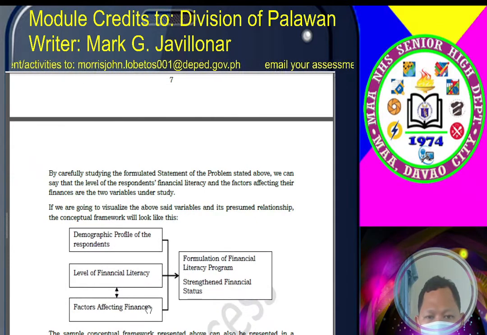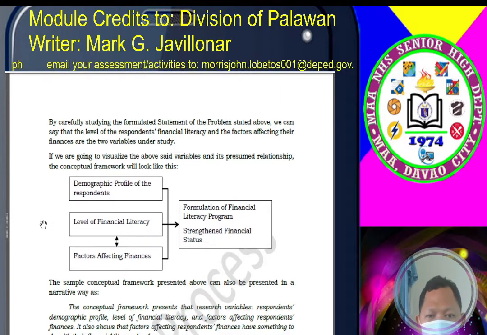Okay, so you look at this illustration here. If we're going to visualize the above variables, let's presume a relationship. So the conceptual framework will look like this. Example: the profile of respondents, level of literacy, factors affecting finances.